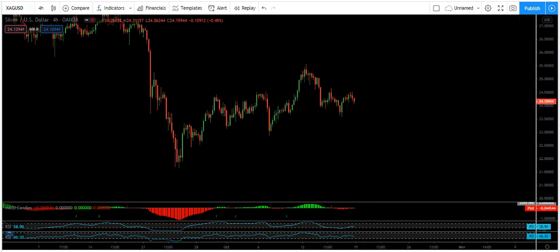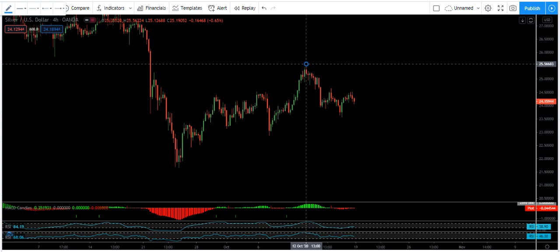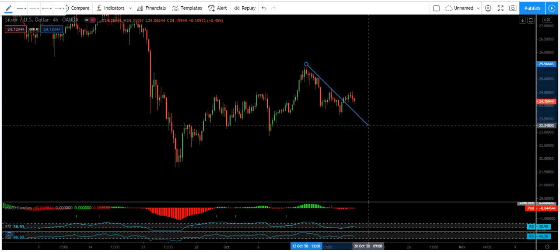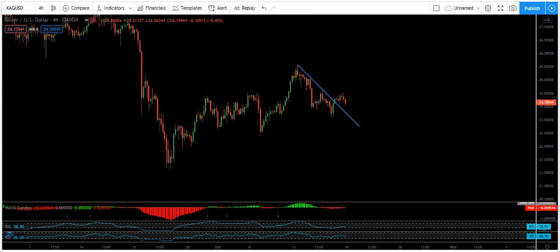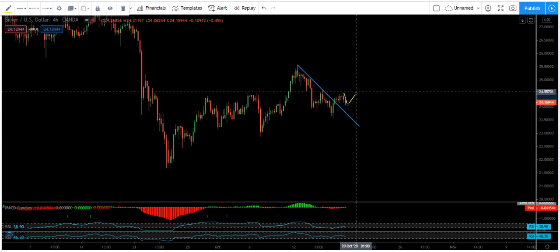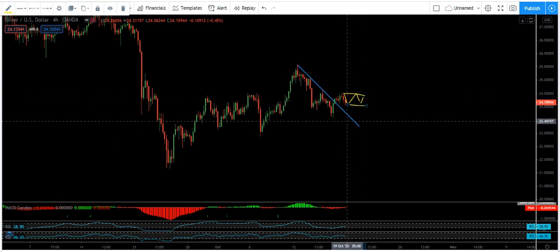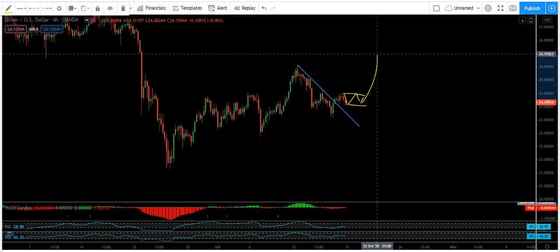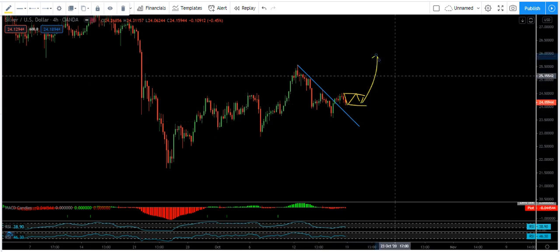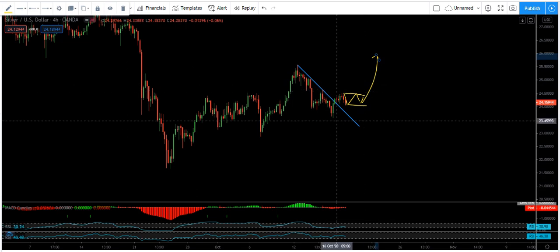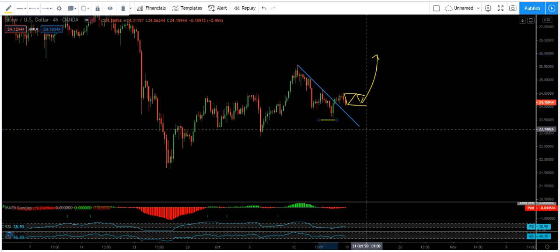The reason is there is a second option. If we draw this line, there is the possibility we get the correction here. That means if we get the correction here, then the down move is not valid. Then we should look for the up move. That's why if we want to look for the down move, I suggest having entry below this.